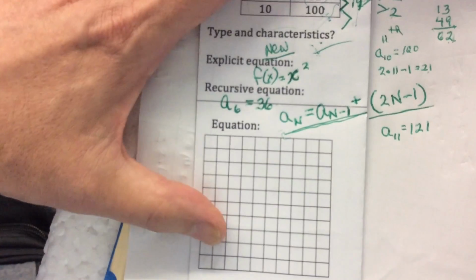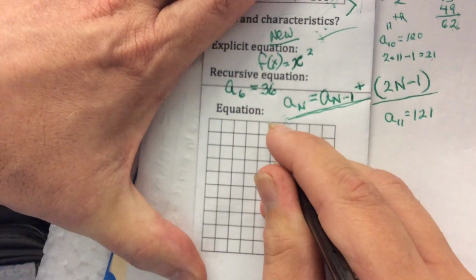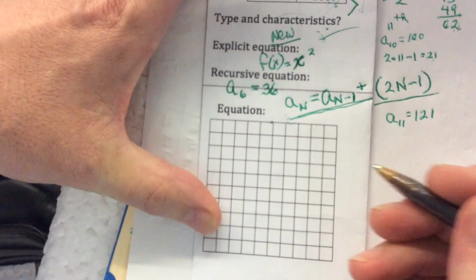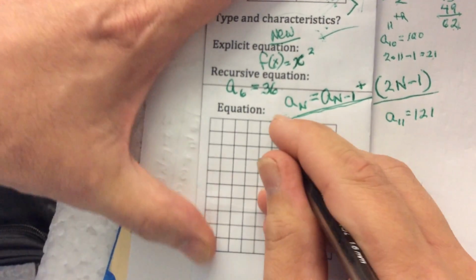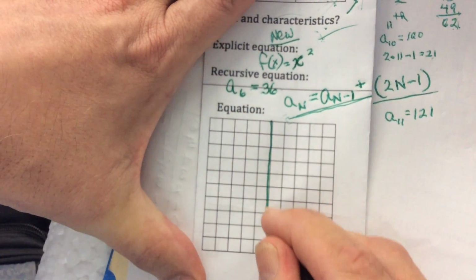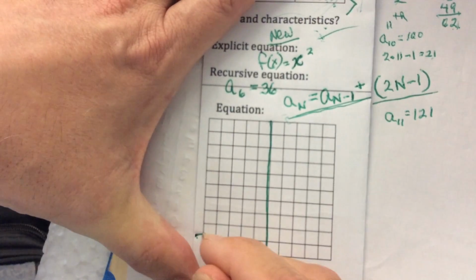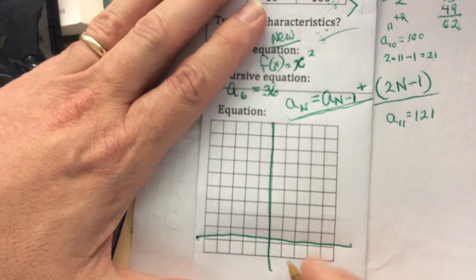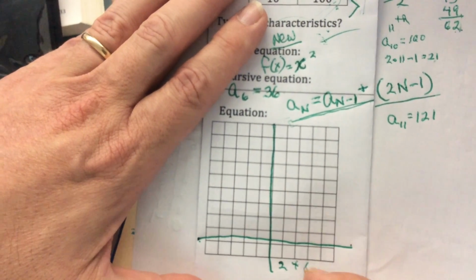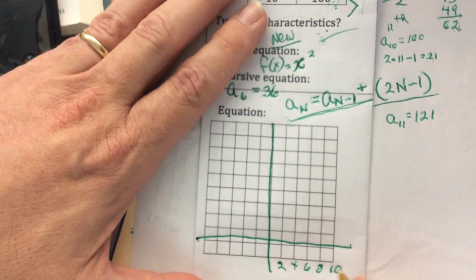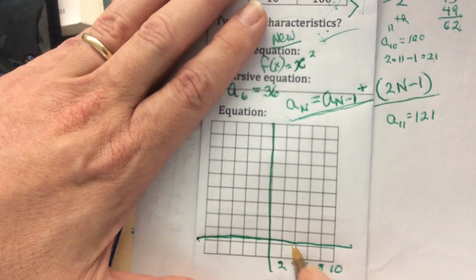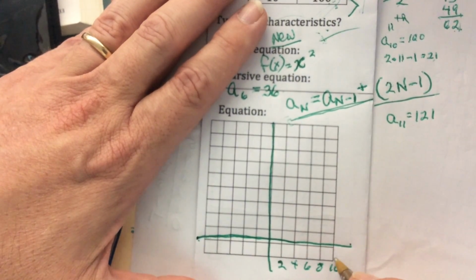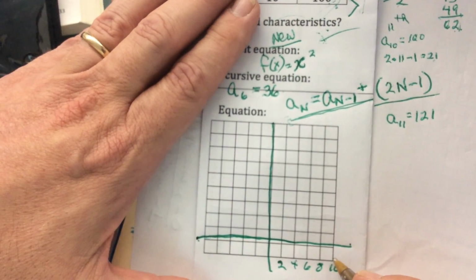Well, first of all, let's do this. I'm going to use 2, 4, 6, 8, 10 as my scale down here.